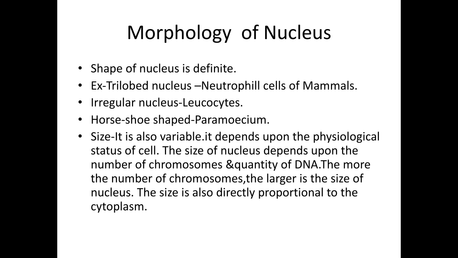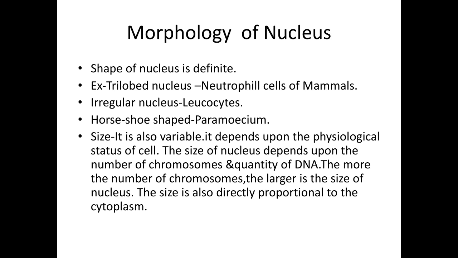Example, the trilobed nucleus, present in the neutrophil cells of mammals; the irregular nucleus, commonly seen in leukocytes; and the horseshoe shaped nucleus, commonly seen in paramecium.